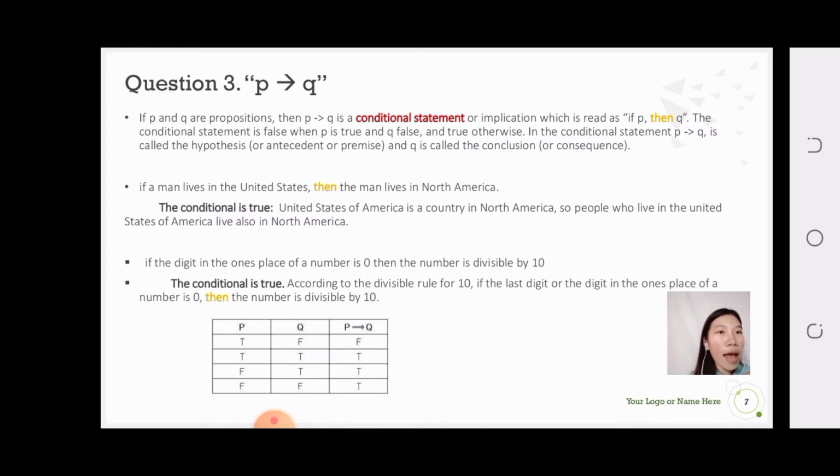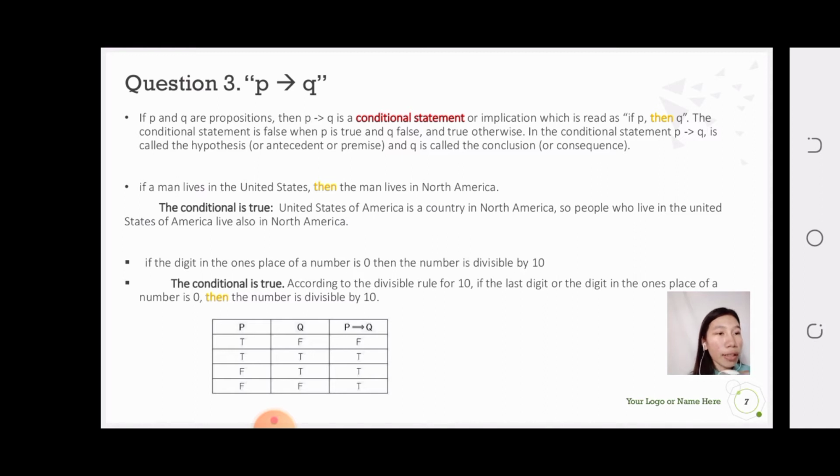In the conditional statement, P is called the hypothesis or antecedent or premise, and Q is called the conclusion or consequence. So, my answer: if a man lives in United States, then the man lives in North America.